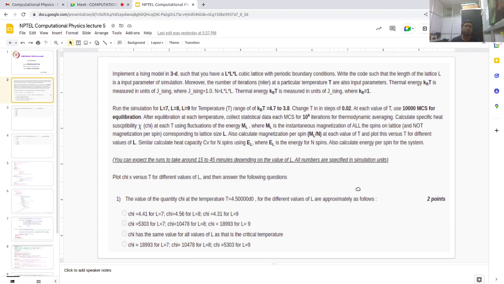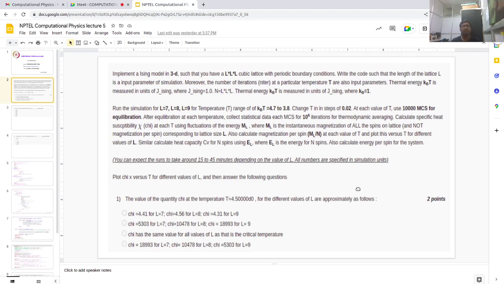The new part of the question is to run the simulation for L equals 7, 8, 9. So you have to take 3 different values for capital L, that means 3 different values for the number of spins in each dimension.